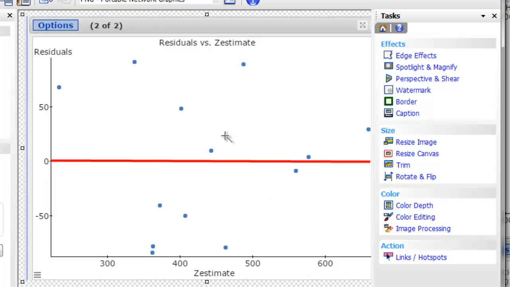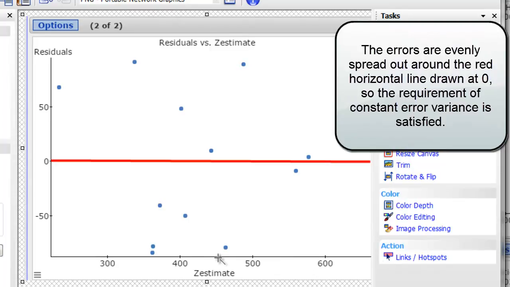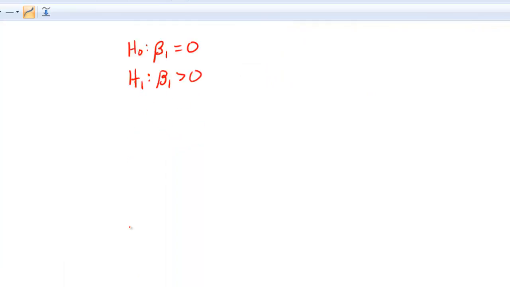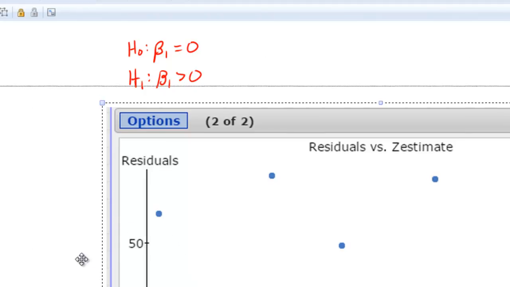And you can see there is absolutely no pattern whatsoever in these residuals. Agree? There are not any residuals that are sticking out. The residuals are pretty much evenly dispersed across all values of the Zestimate. Because of that, this residual plot suggests that a linear model is in fact appropriate. The data are linearly related. So that's one thing we needed.